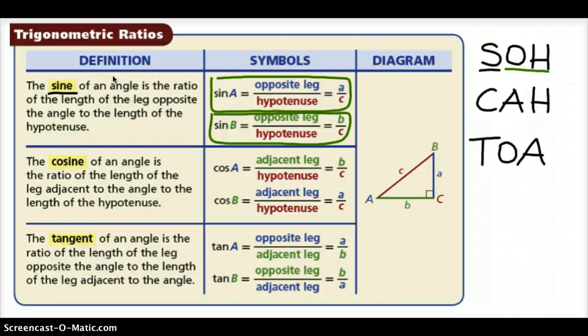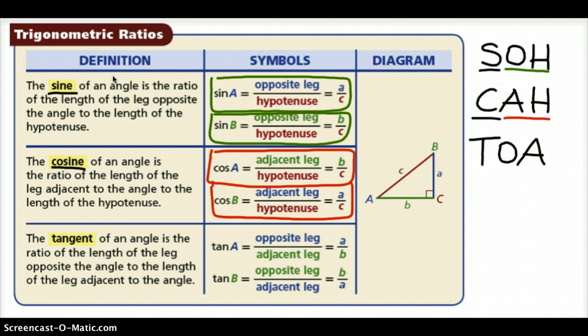Now for cosine, the next one we're talking about. This is going to be a little bit different. This is going to be adjacent over hypotenuse. So when we look back at the cosine over here, on both of these cosine ratios, whether we're looking for the cosine of A or the cosine of B, we take the adjacent leg.